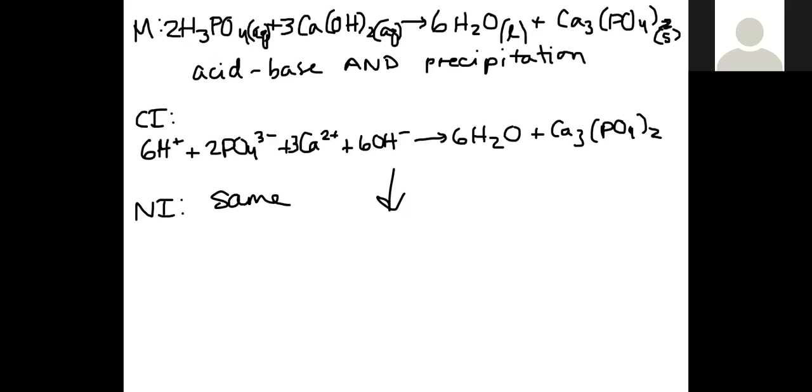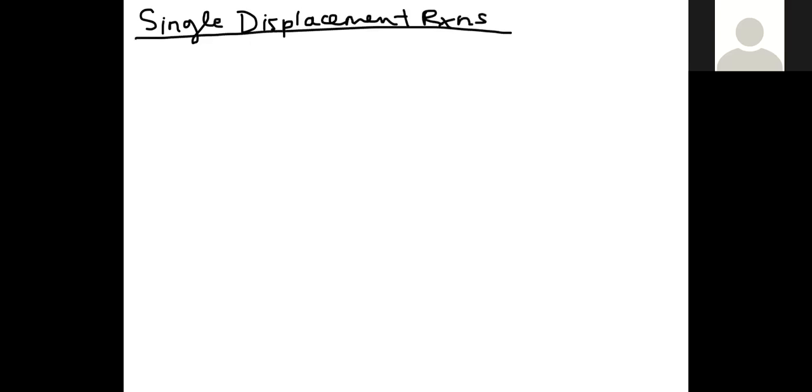Where are we? I would like to talk about single displacement reactions. This is another one of those reactions that I can represent as just a series of letters because it doesn't matter what you're adding together, it matters how they are combined.